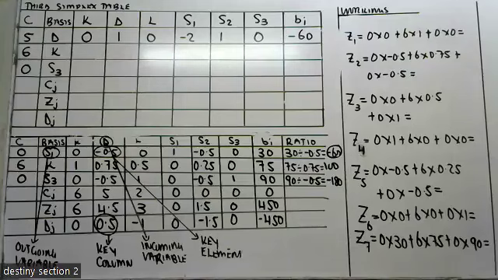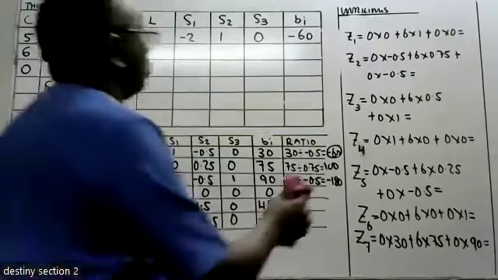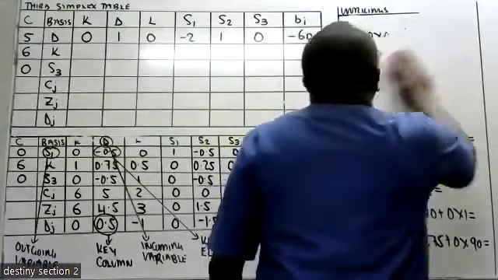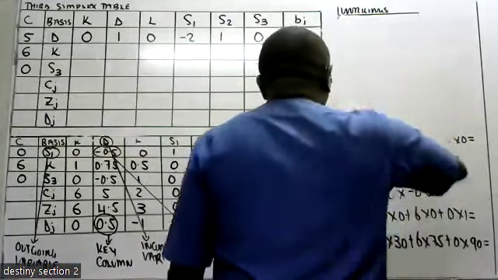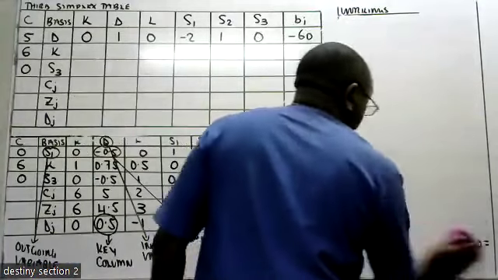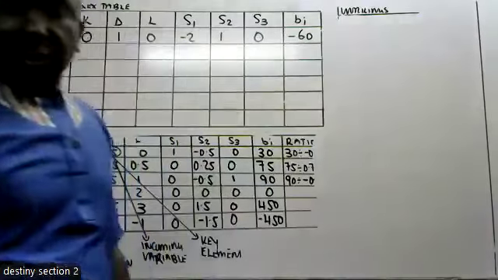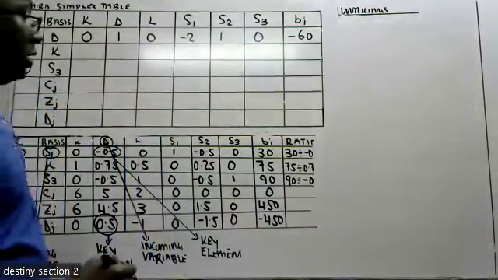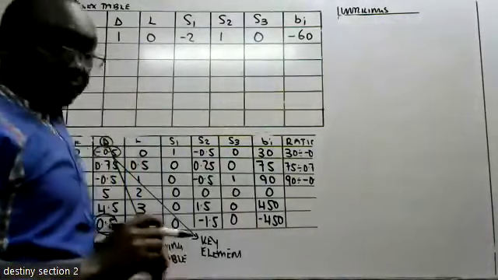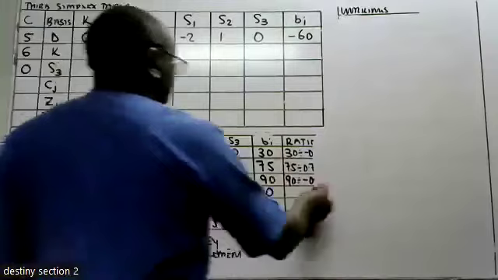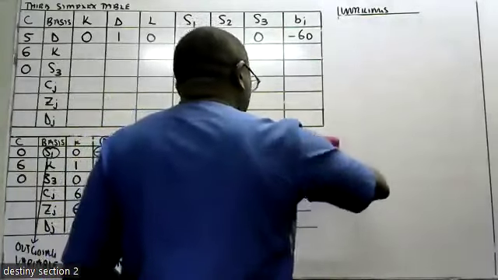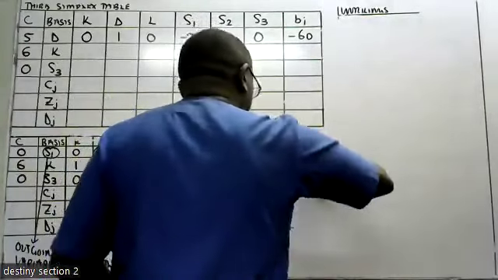Now let us get the workings for these other rows. As we have said, we even have them here.